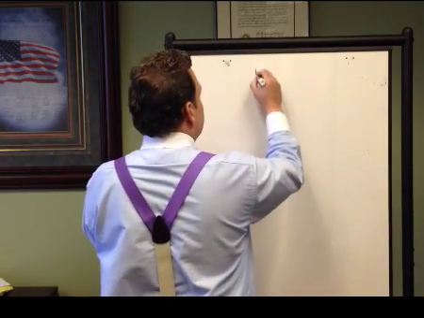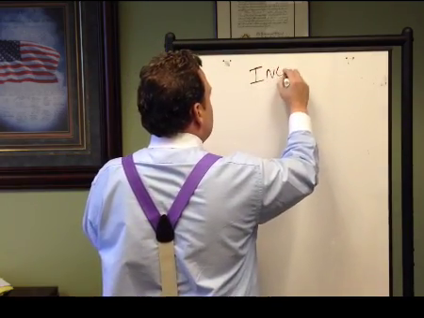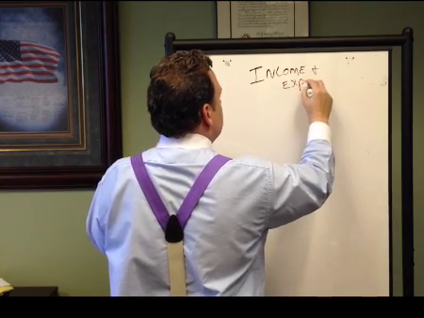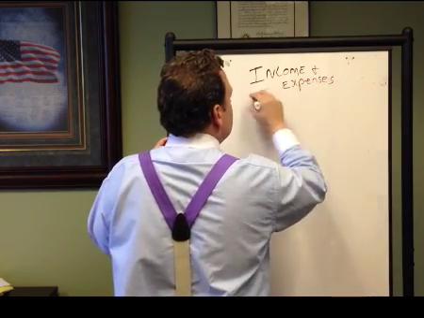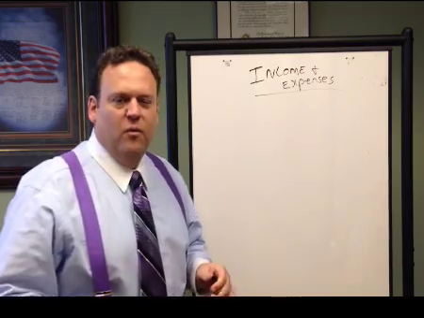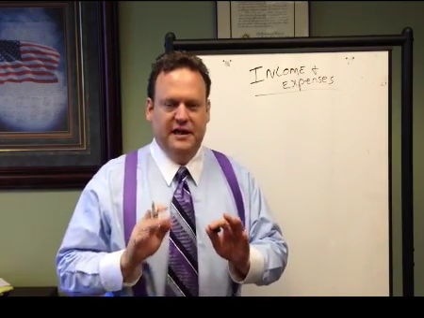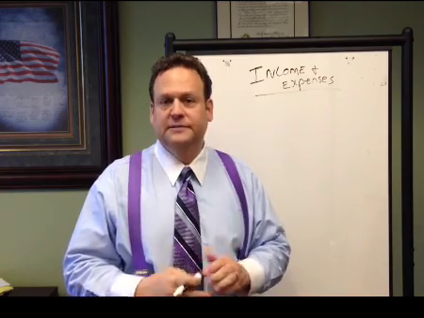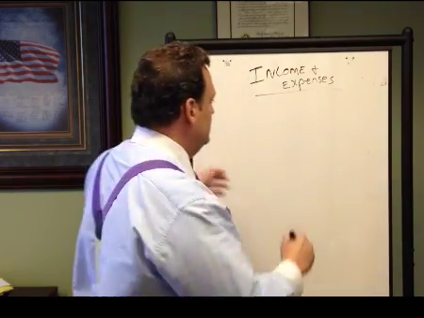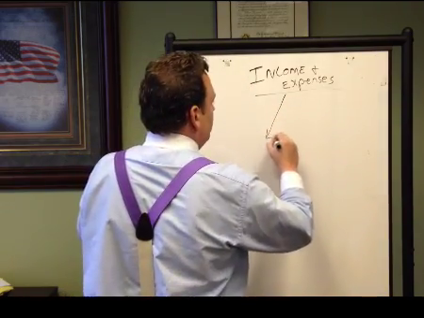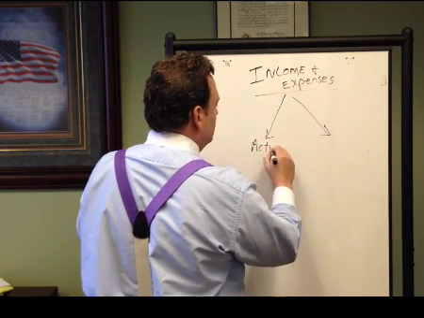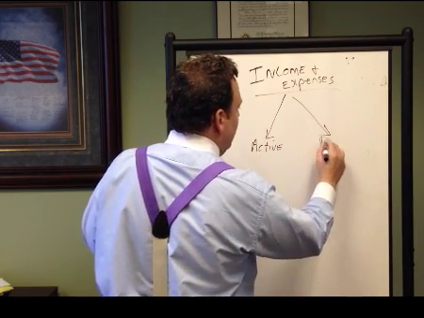Now, let's look at things like income and expenses in real estate, so you have an understanding of why we recommend certain entities for certain types of business in the real estate business. Now, basically, there are 2 types of income that you would earn in real estate. One would be active, and one would be passive.